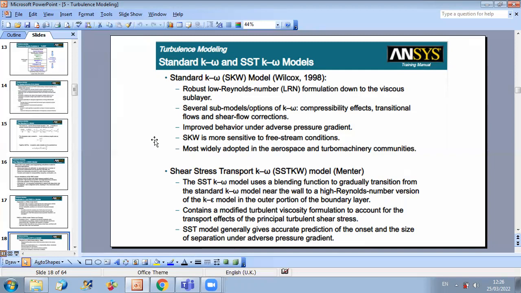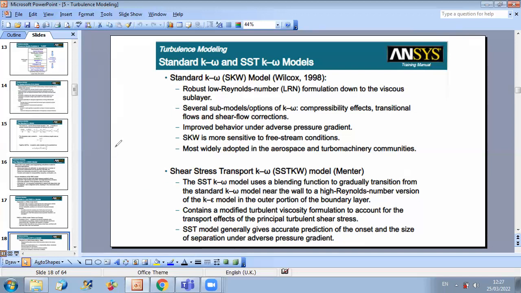Now, we have also what we call the shear stress transport K omega model. This model uses a blending function to gradually do the transition from the standard K omega model near the wall to the high Reynolds number version of the K epsilon model in the outer portion of the boundary layer. So you know that in general, in any problem, sometimes you have a combination. You have zones of low Reynolds numbers and zones of high Reynolds numbers.